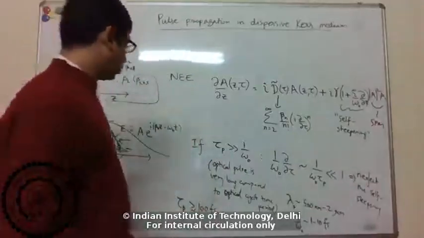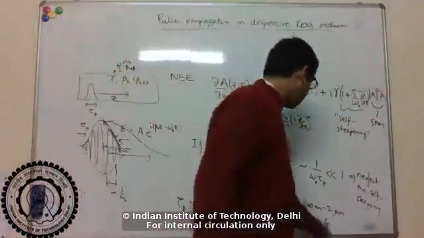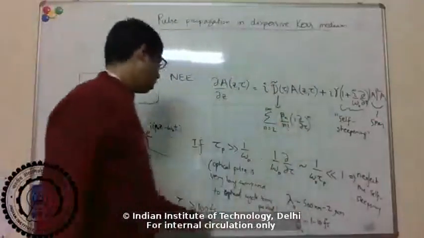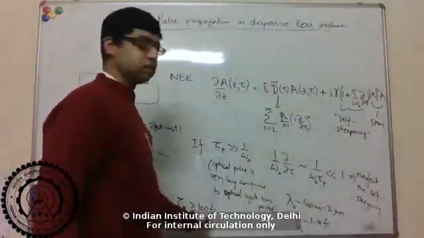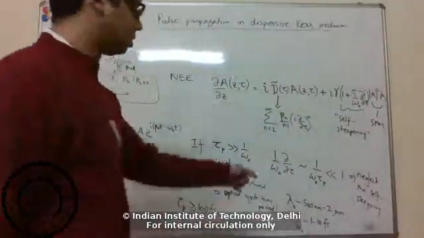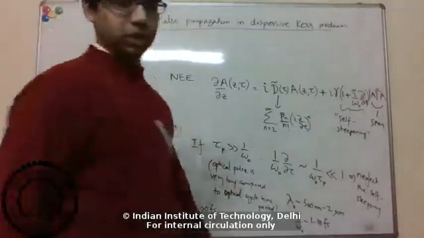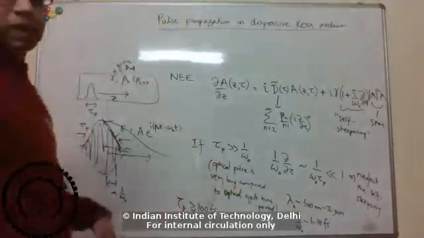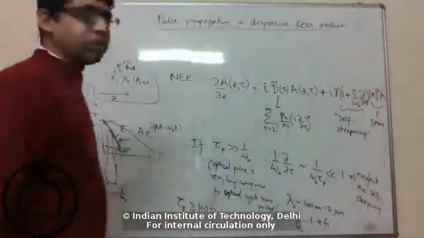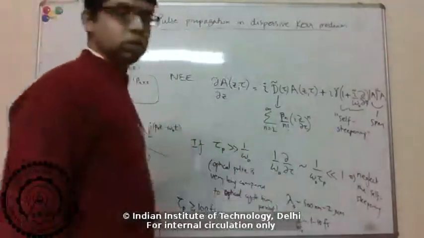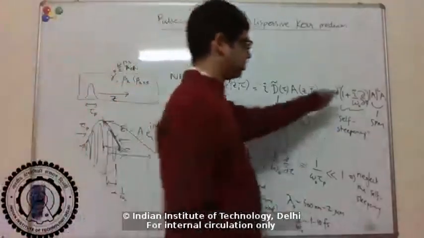If you have a 100 femtosecond pulse, then you have at least 10 to 100 cycles within your pulse, depending on the wavelength. For longer pulses, picoseconds and longer, you have thousands of cycles within the pulse. So this is a very good approximation. If you go down to very short pulses, less than 50 femtoseconds or close to 10 femtoseconds, then you can't neglect this term.